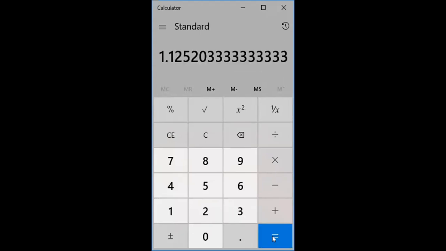This becomes our weekly pivot value, which is 1.1252. Then we go back to the chart.